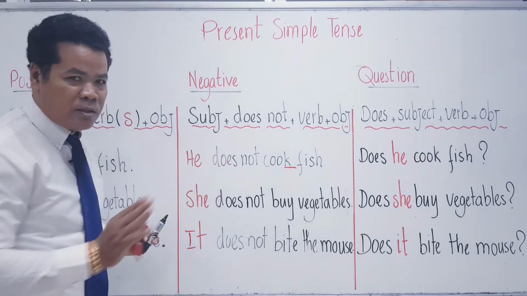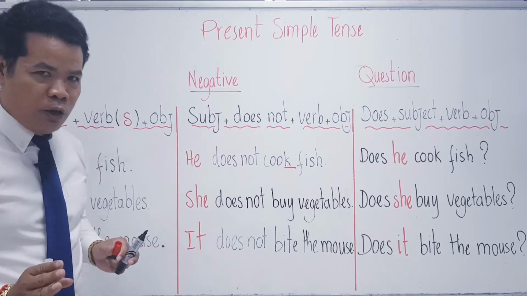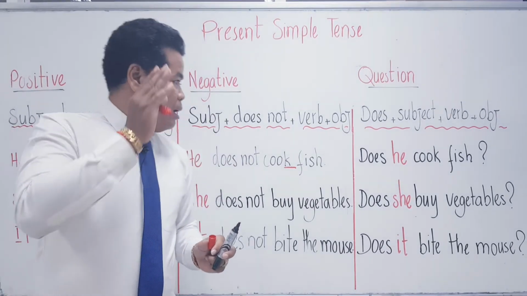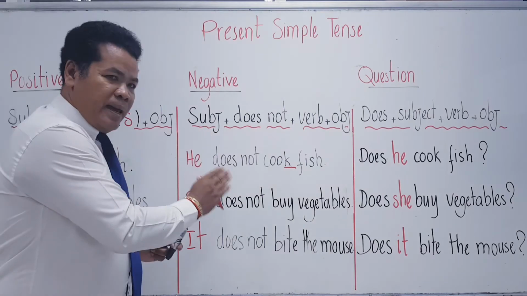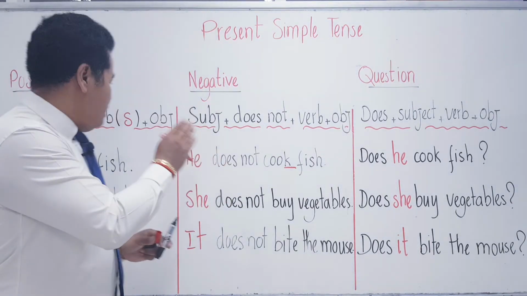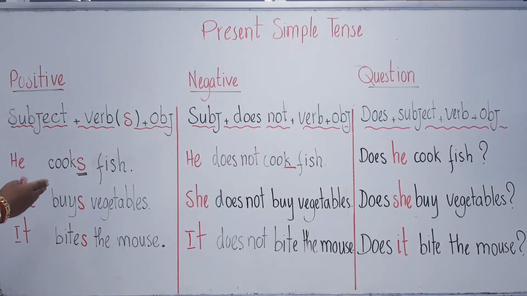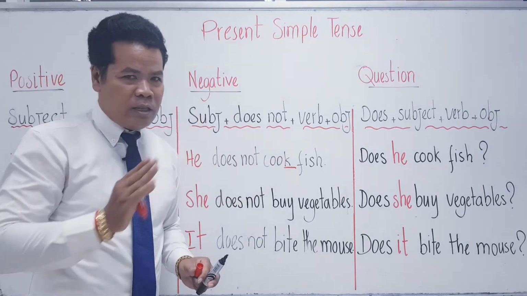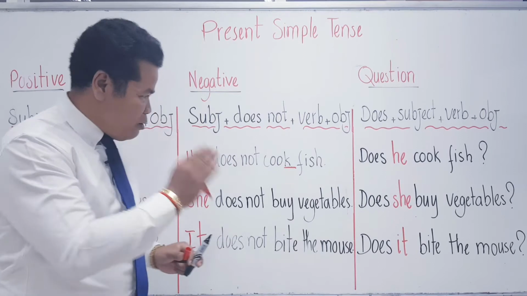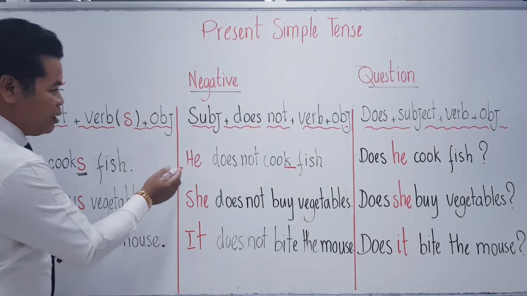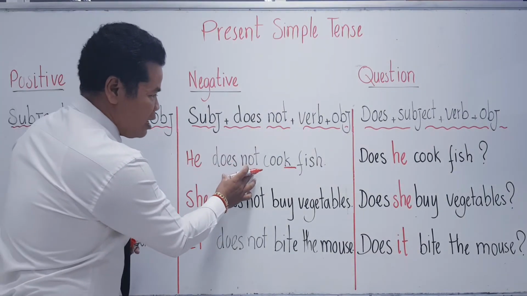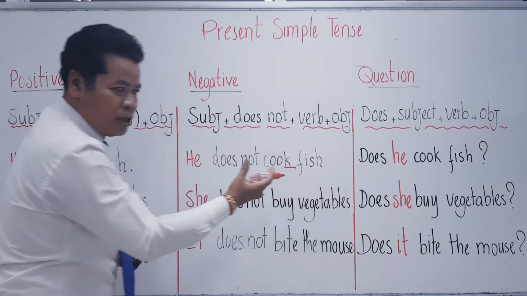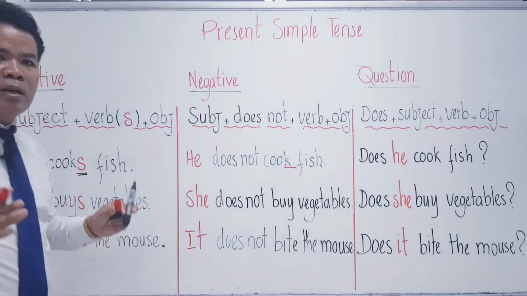It is not positive. As I told you, just keep in mind, the verb you can add S to is only used in the positive form. When we use negative form and question form, there is no S anymore. That's why you have to keep it in mind. Here we go. He does not cook fish.